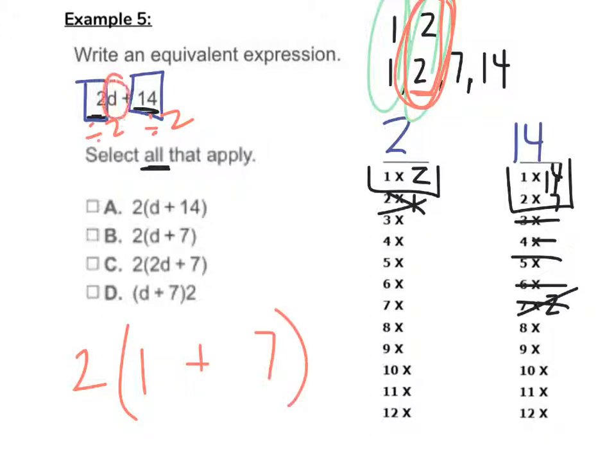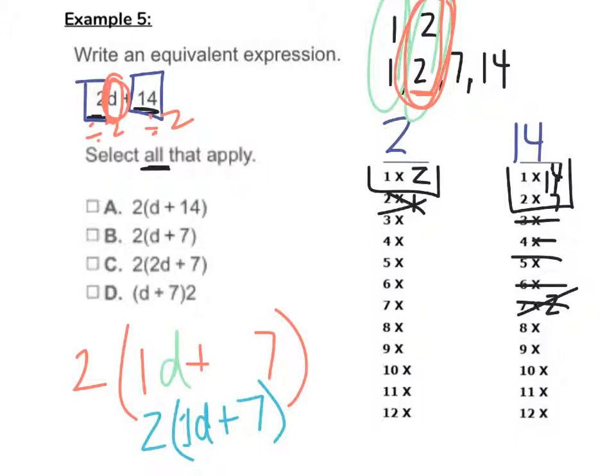And then again, because there is a letter or a variable attached to the 2, I'm going to go ahead and add that back in. So my final expression would look like 2 times 1d plus 7.